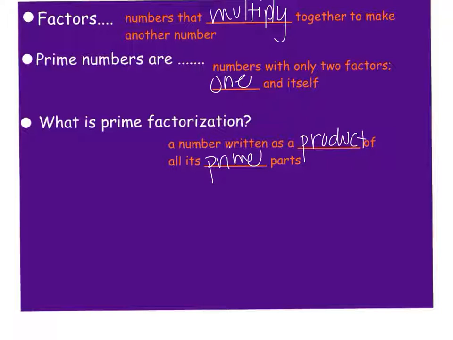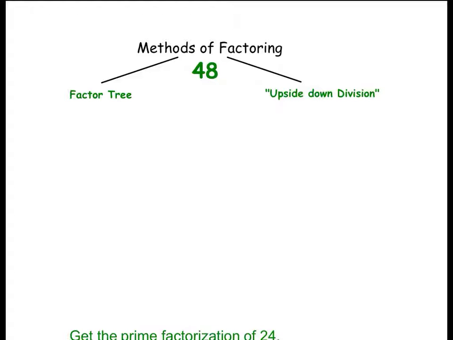But prime factorization means when I write a number as the product of all of its prime parts. When we talk about prime factorization, we are going to try to break a number apart into all prime numbers.